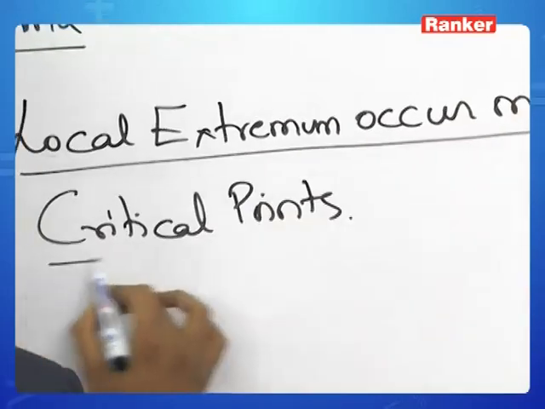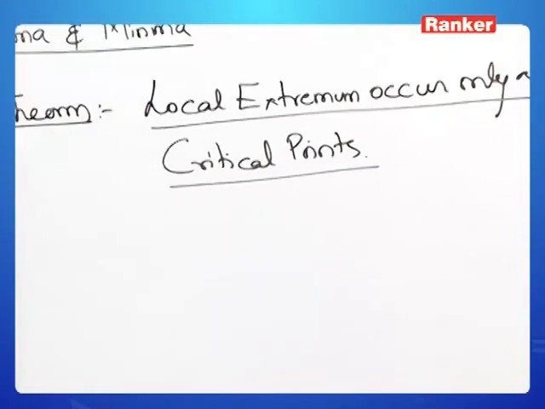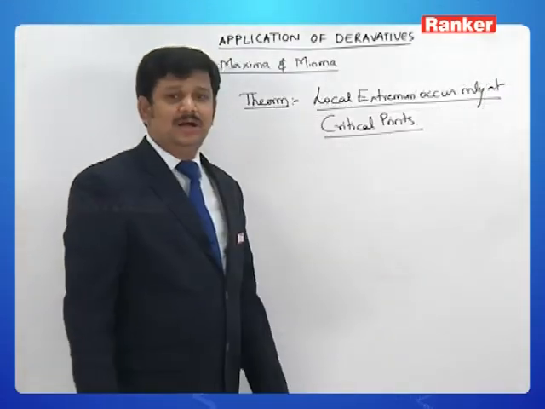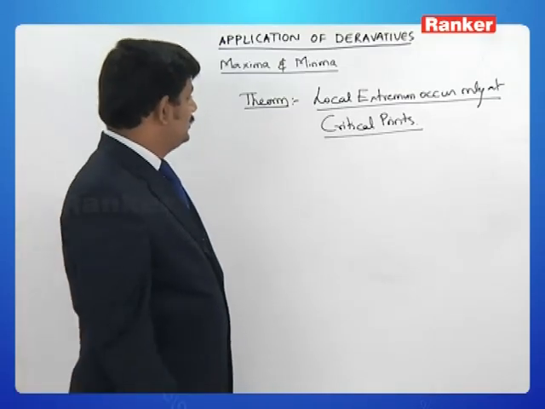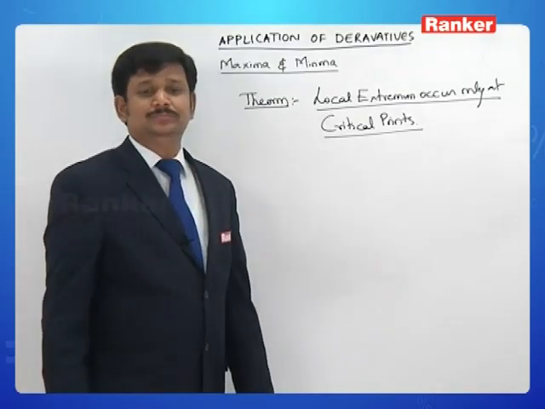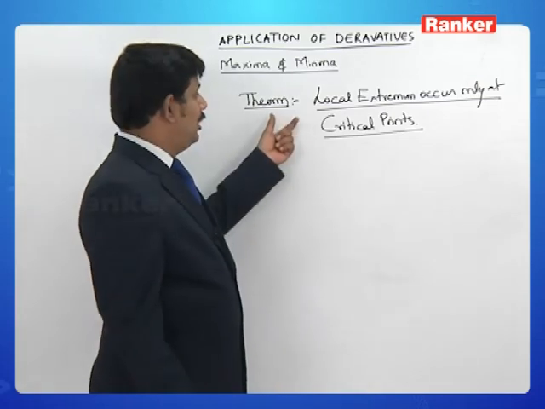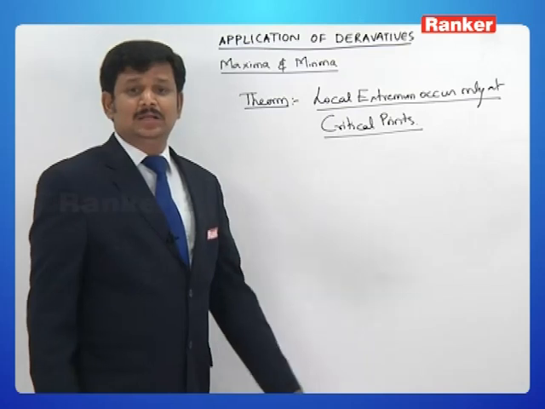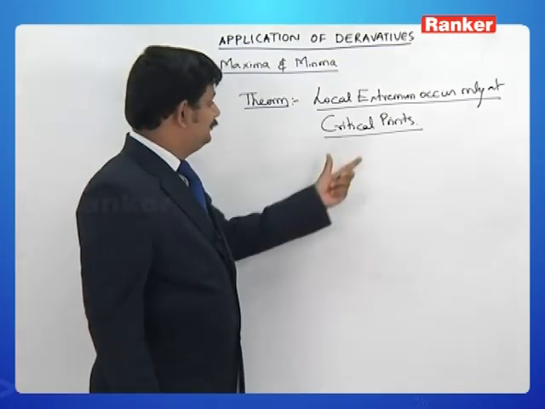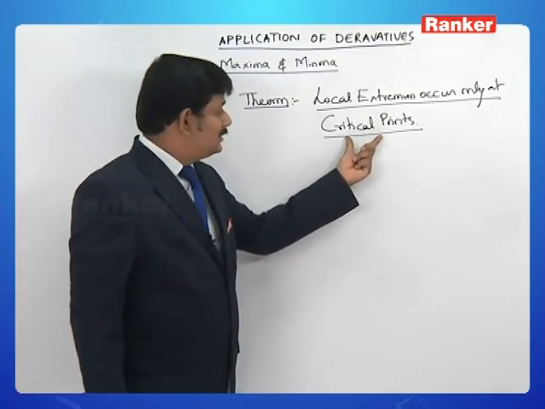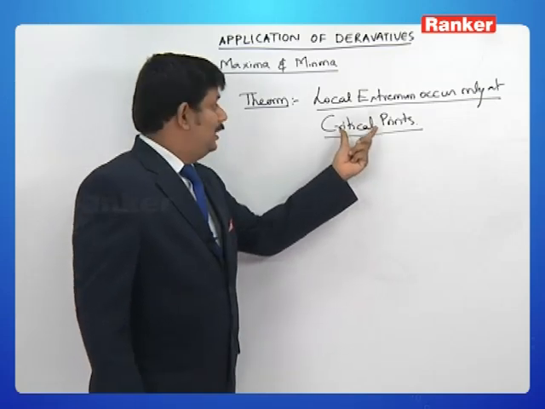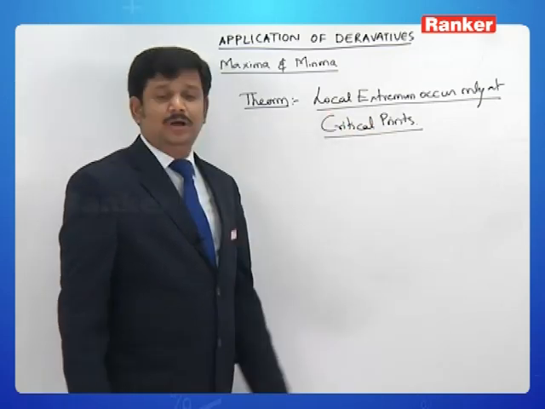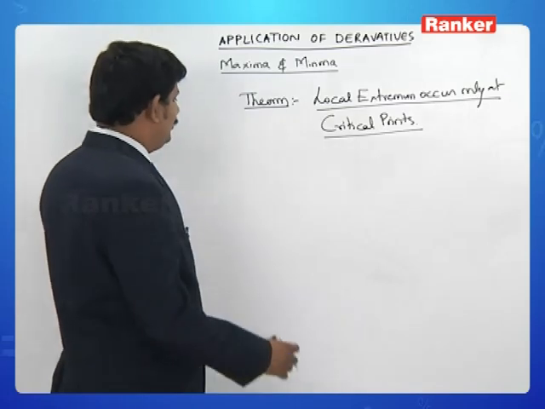So be it local maxima or local minima, it occurs only at critical points. It is necessary but not sufficient for us to have a local extremum that the point should be a critical point. Proof of this is very simple.